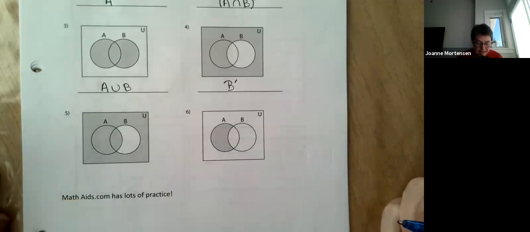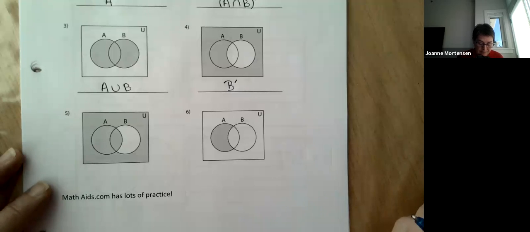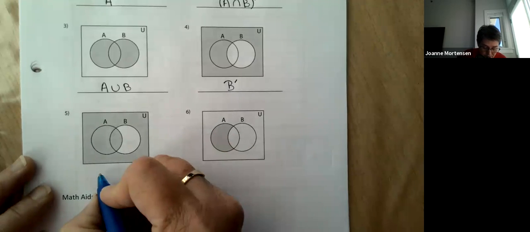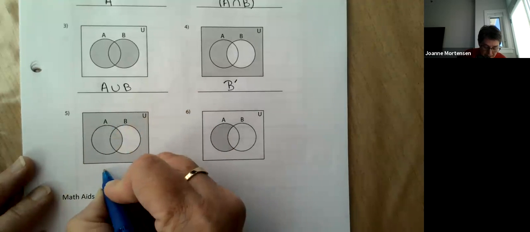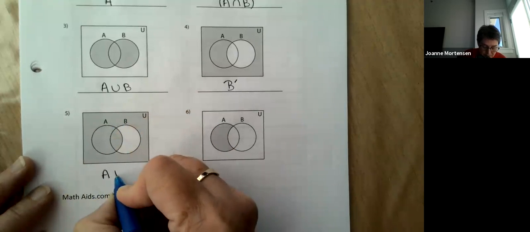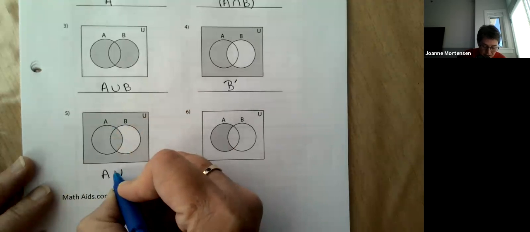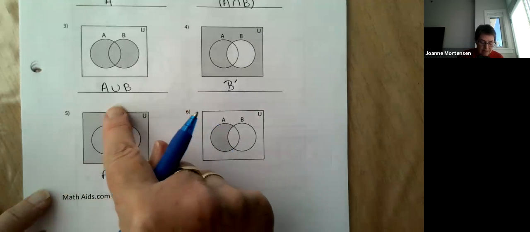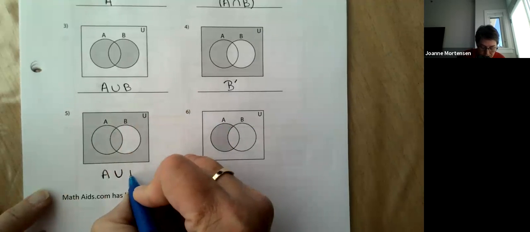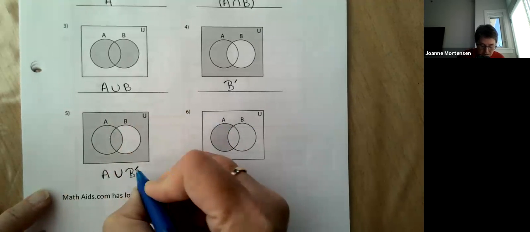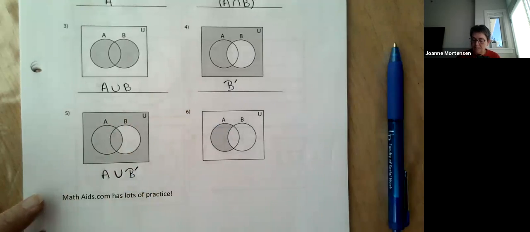There's probably a bunch of ways to do it. I don't know which is the most effective. So I'm going to start with A, because I can see all of circle A is colored. So it's going to be A. And then I'm going to use union. And then if I look at what else is colored, this background, see how B isn't? I'm just going to check that.